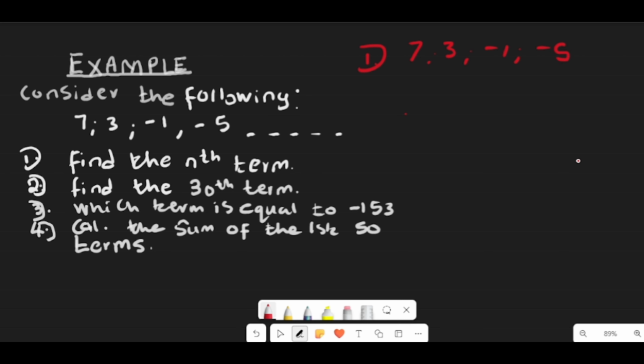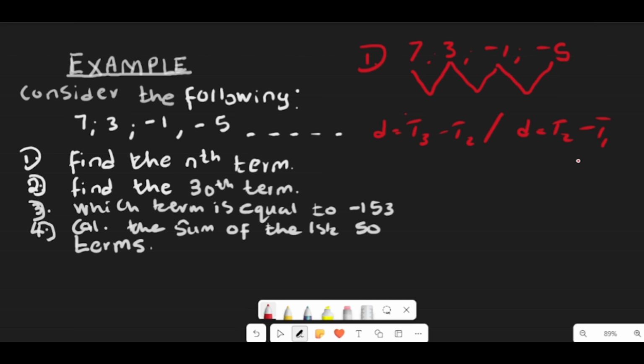First thing, we need to find the common difference between the terms, which is defined by d equals T2 minus T1.